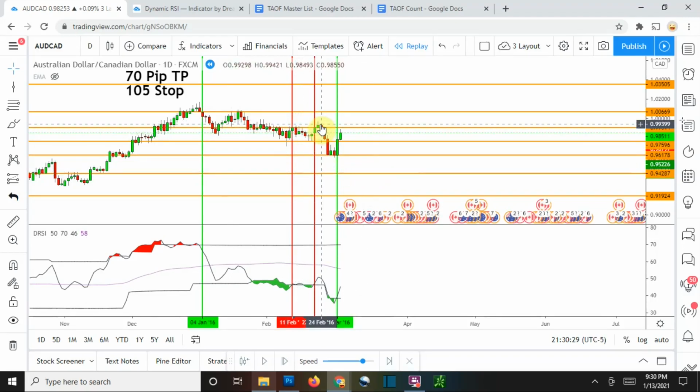So you see that price pushed down here pretty quick, bounced right off this level, and then spiked right back up. And as it did again, we got a buy signal from our RSI down here, the dynamic RSI.